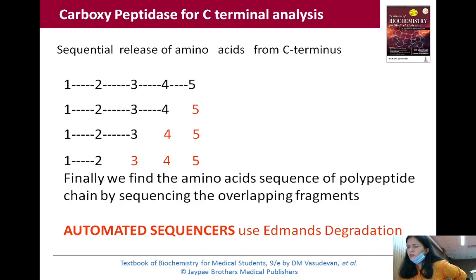Firstly, just name the technique. First is Sanger's technique, no? Sanger's reagent. Second is Edman degradation. Okay. And third is dansyl chloride. Yeah, dansyl chloride. Okay.